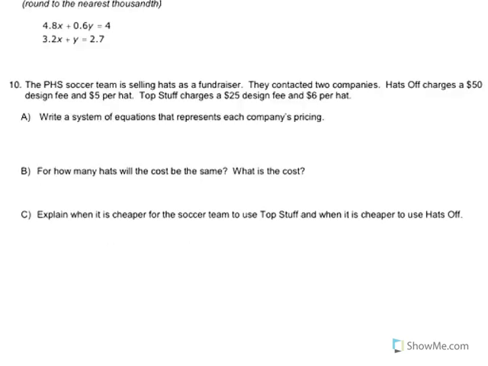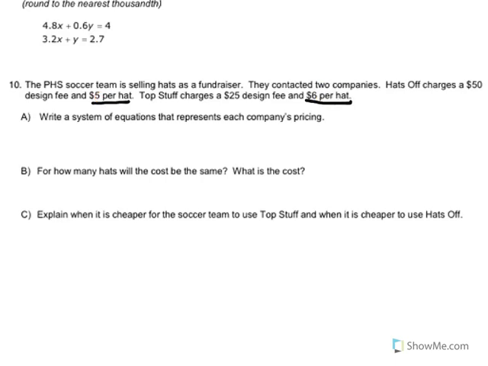It says the PHS soccer team is selling hats as a fundraiser. They contacted 2 companies. Hats Off charges a $50 design fee and $5 per hat. Key phrase. Top Stuff charges a $25 design fee and $6 per hat. So remember, when you see these words per, 99% of the time, that's going to be your slope.